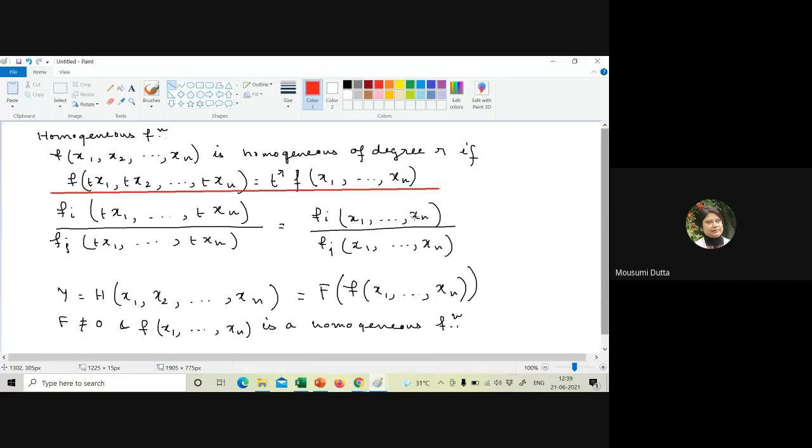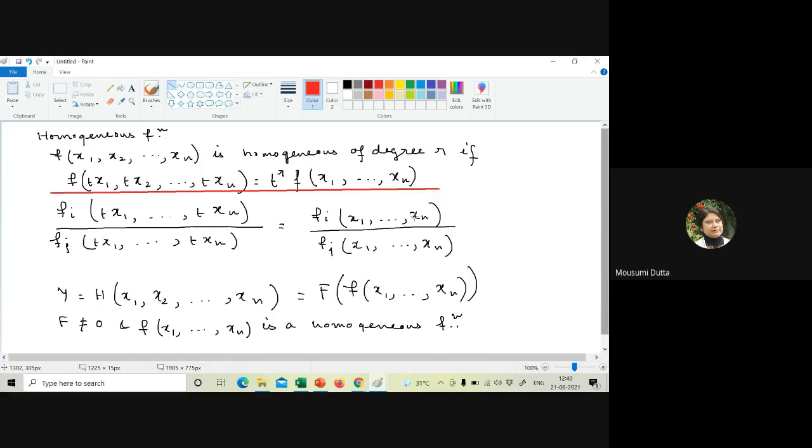That is, the partial derivative of f with respect to one input divided by the partial derivative of f with respect to another input is equal to fi by fj as a function of x1, x2 to xn.